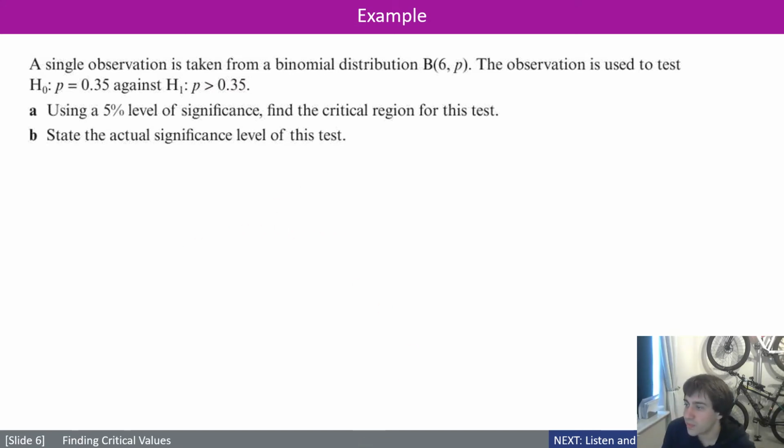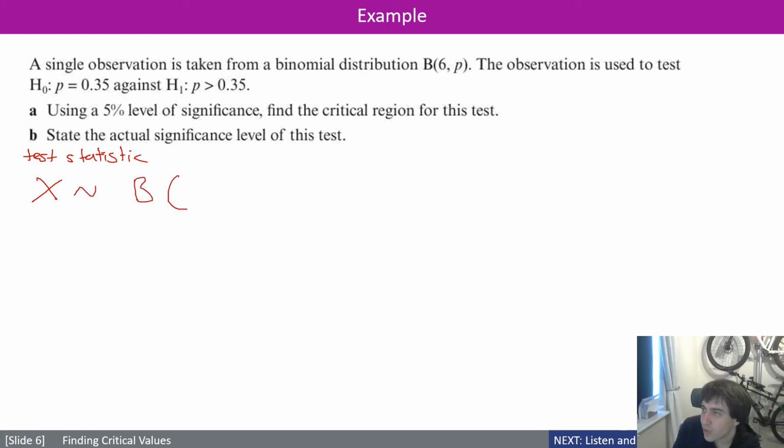So our test statistic is X. This is our test statistic. And I wrote down X. X wasn't in the question, so let's just use X by default. And it's modeled by a binomial B(6, p). So again, 6 is the number of trials, and p is the probability of a trial being successful.